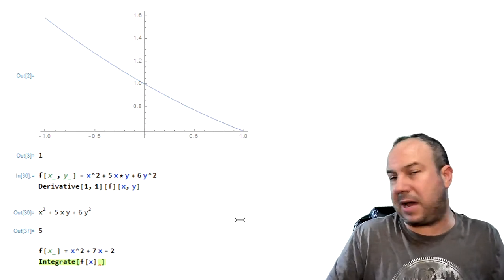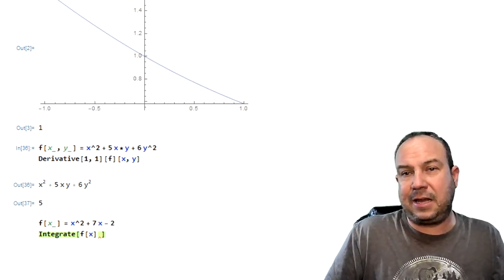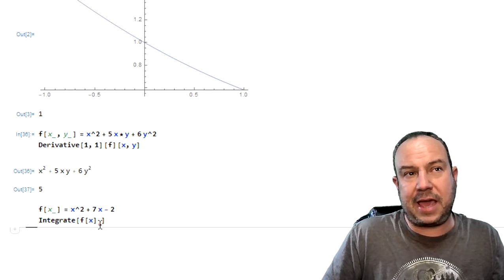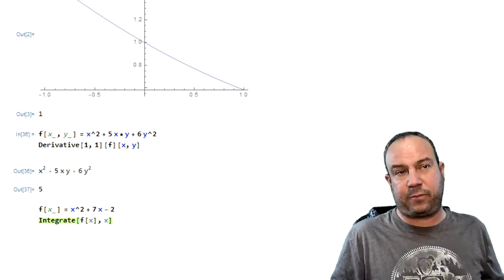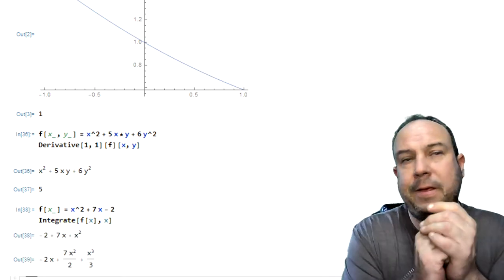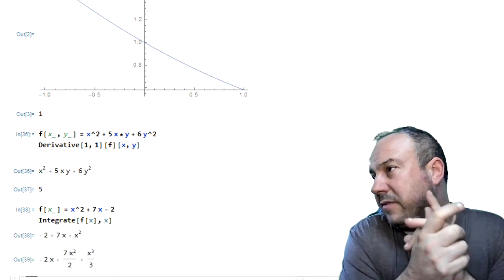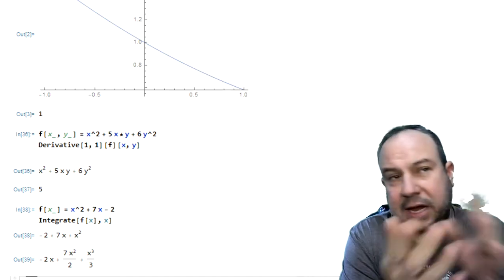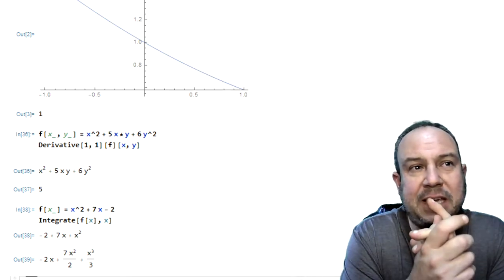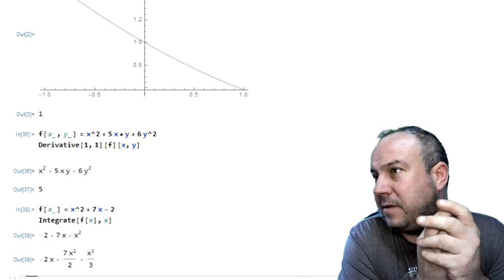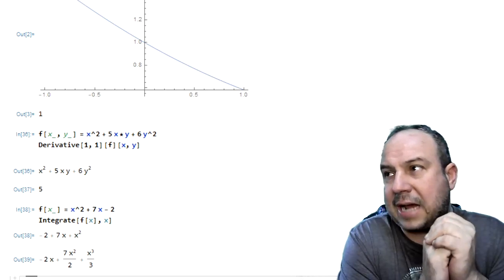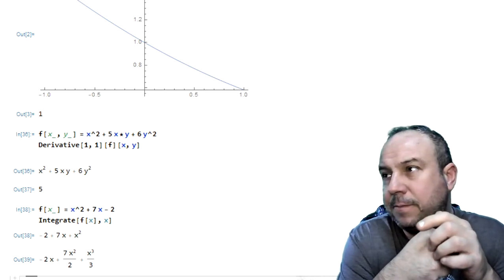And you can notice Mathematica sitting here waiting, it'll put a little arrow telling you, hey, I still got some input I need here. And what we really need to follow with, if we want an indefinite integral, is the variable of interest we want to integrate with respect to. And that's x. And when we input that, we get back our antiderivative, as we would find it in the brackets in a definite integral calculation.